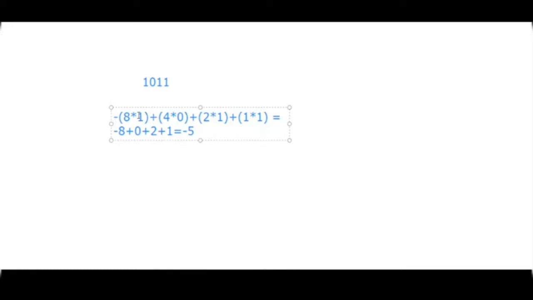That's the thing we did specifically for this. You put this negative sign here mainly because in 2's complement numbers, if the first bit is 1, it also gives you the sign.